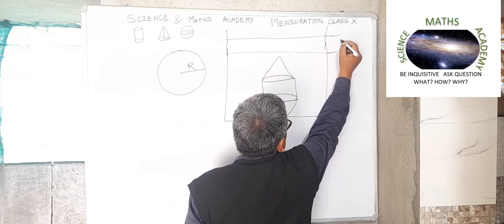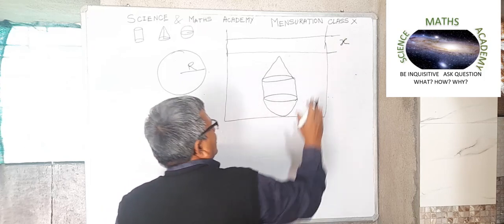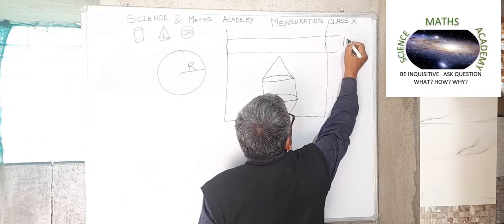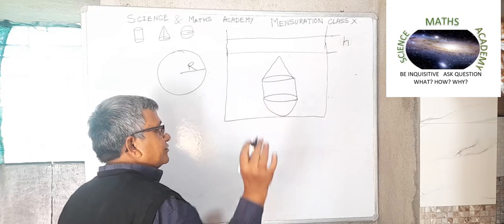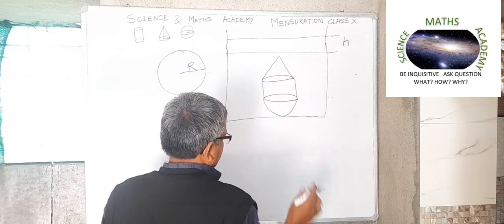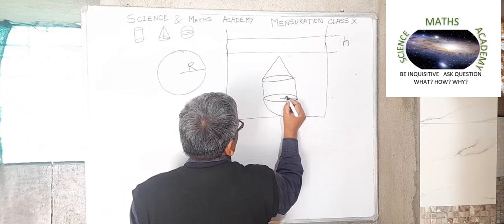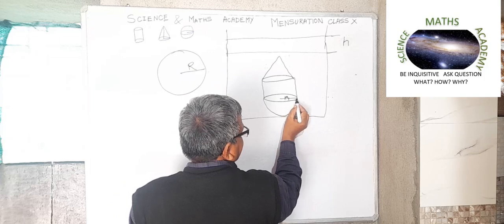Okay? So say this is x, or I put small h, small h. Now they will give some data. For the sphere I take it is r1, it is the diameter.